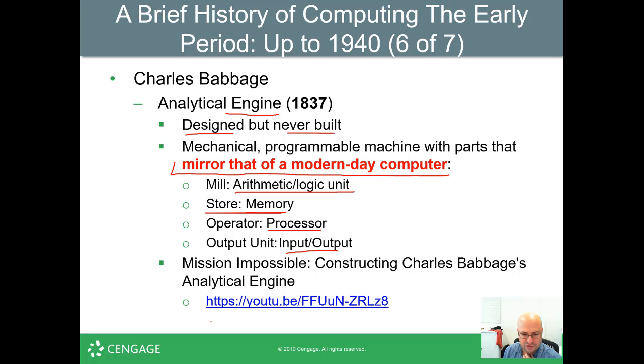Right? There's here another YouTube video, which is actually a 1 hour talk about how difficult it is to construct the Charles Babbage analytical engine. You have to have in mind that this is the 19th century. They didn't have microprocessors. So this was a mechanical computer.